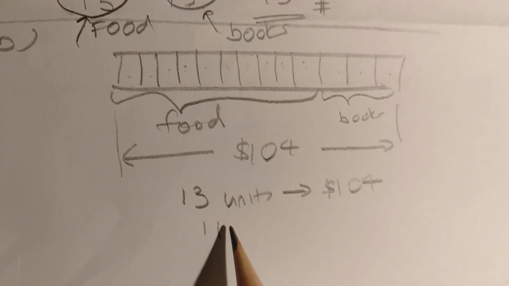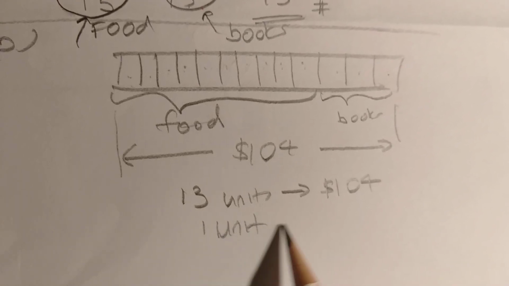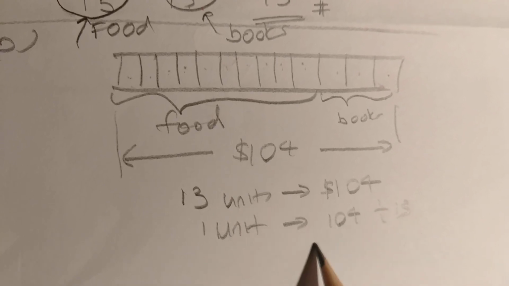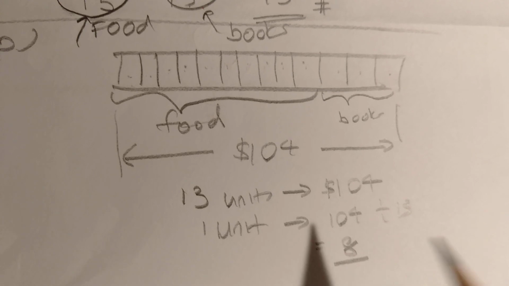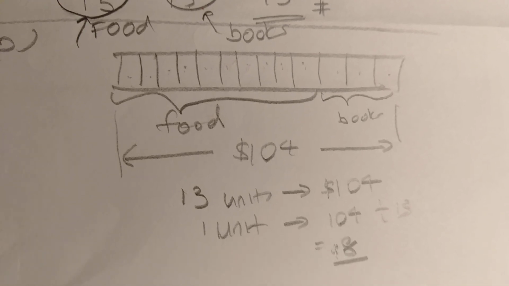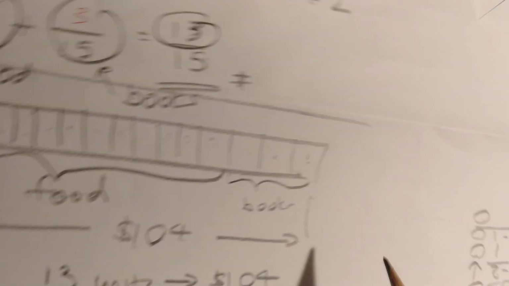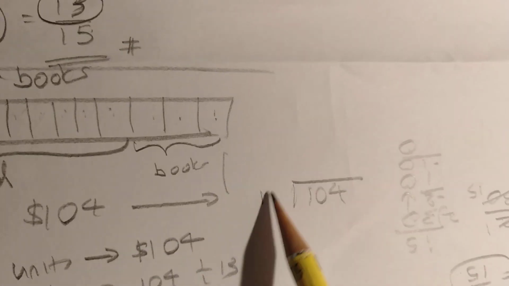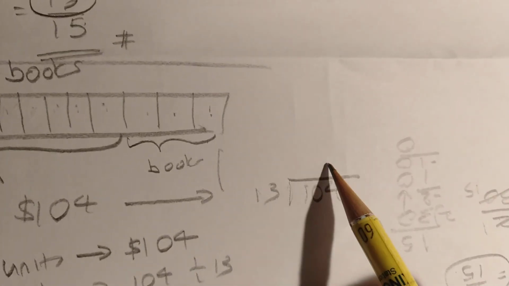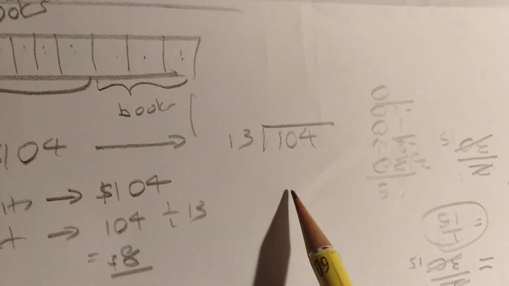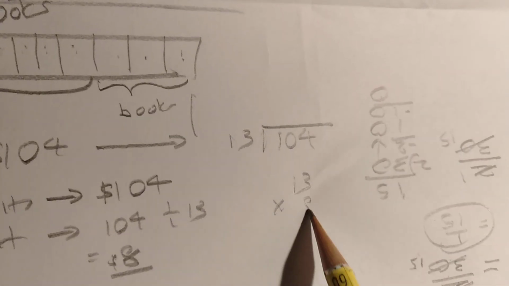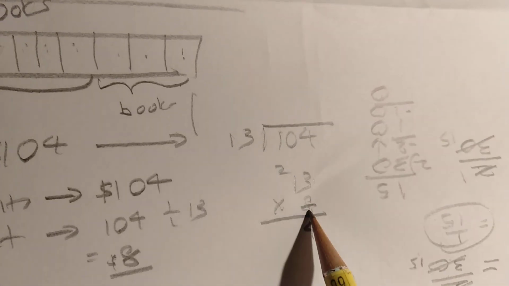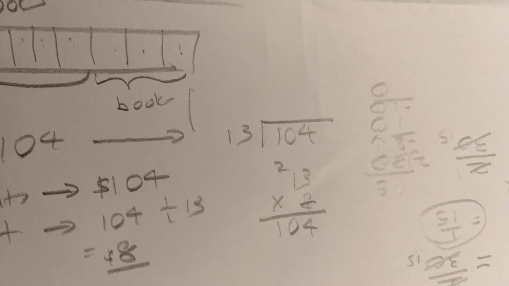So what is 1 unit? Well, I can divide this by 13 and I get the answer $8. I can use a calculator for this, because this is in paper 2, or I can just do this. Of course, this will mean that you need to know your times table. I multiply by 8, so I can show you what 13 times 8 is: 3 times 8, 24, 1 times 8, 8 plus 2, 10.